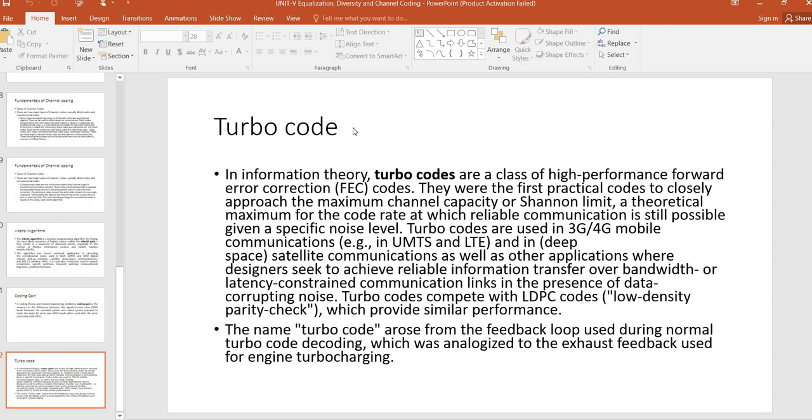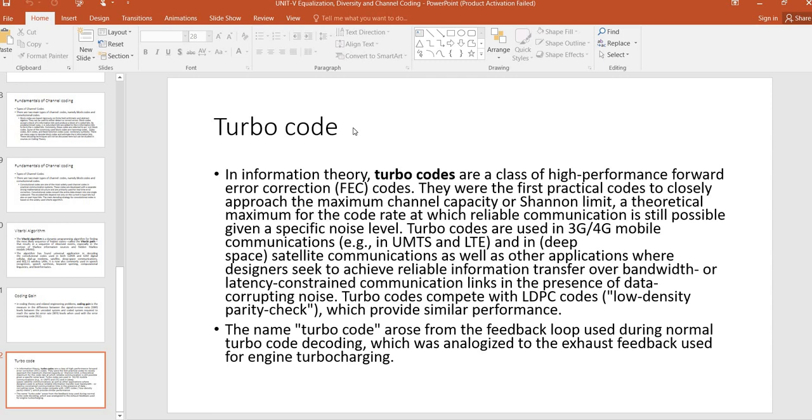So for this FEC, we have the low density parity checks. Parity check bit I already explained. Based on these LDPCs, we get similar performance.